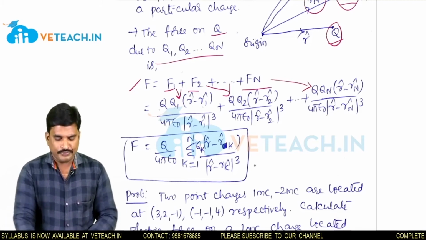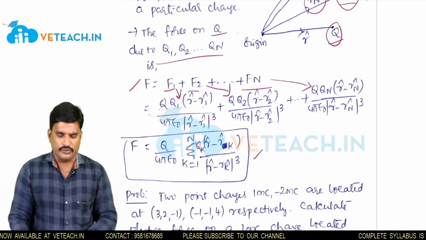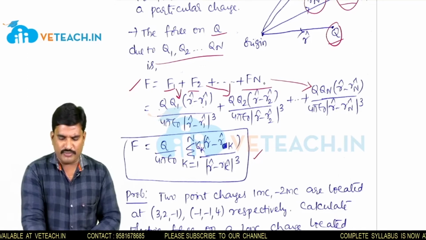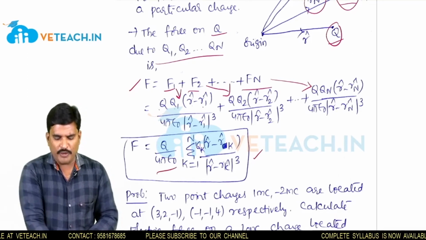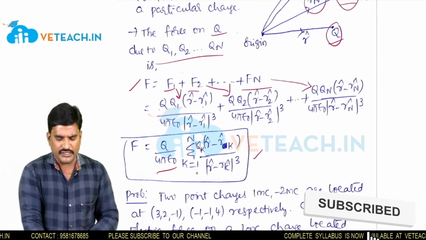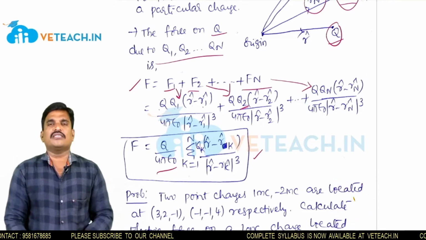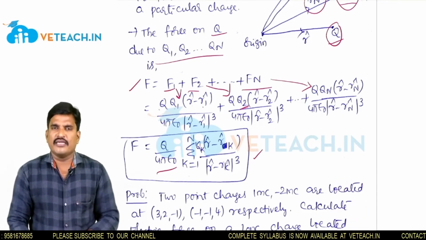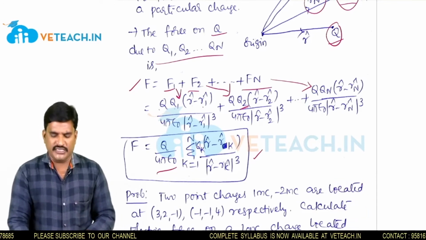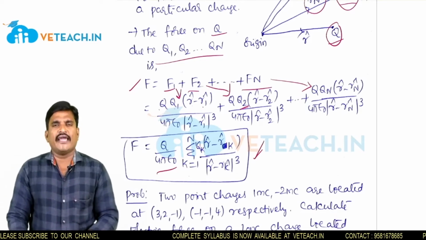Finally, we see the total force F is equal to, taking the common terms out of the entire expression, Q by 4 pi epsilon naught times the summation from k is equal to 1 to n of Qk into (R minus Rk) by mod of (R minus Rk) whole cube. This is the generalized expression for Coulomb's law for n number of charges.